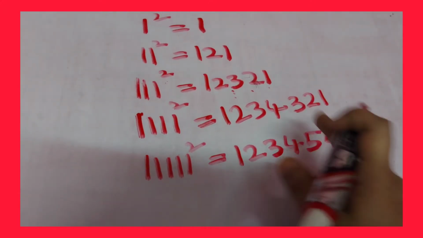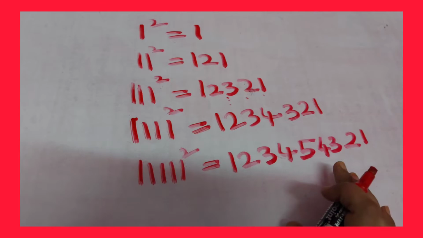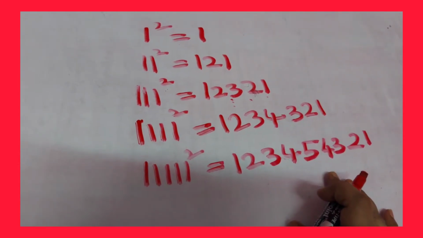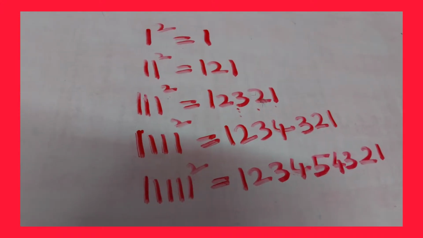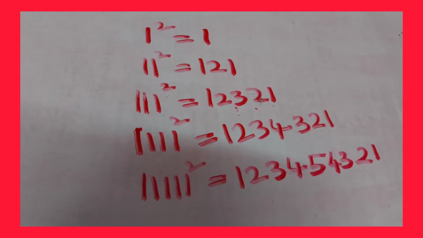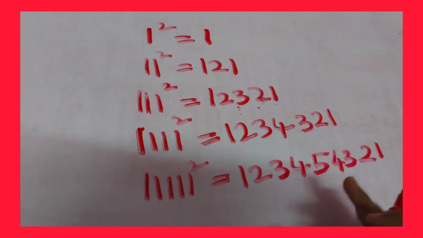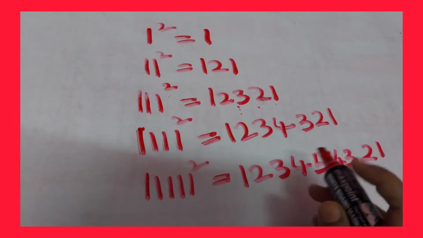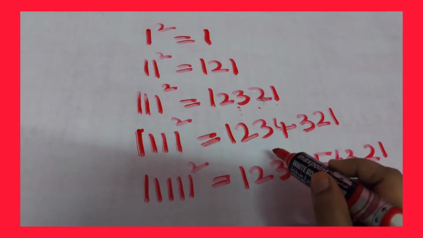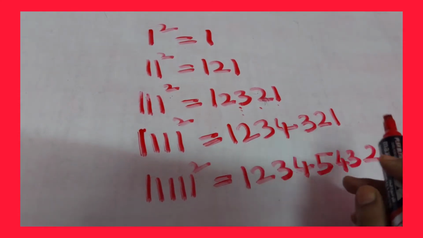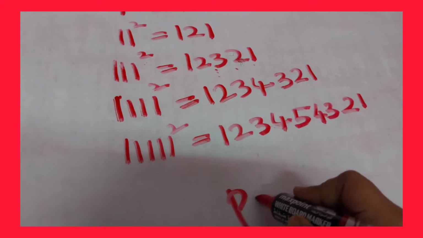Okay, so these numbers are called palindromic numbers or numerical palindromes. A palindrome is a word, phrase, sentence or number that reads the same forward or backward. If you read it forward or backward, it will be the same.